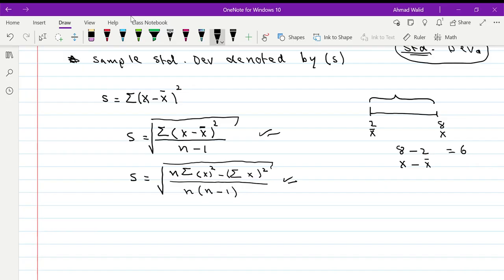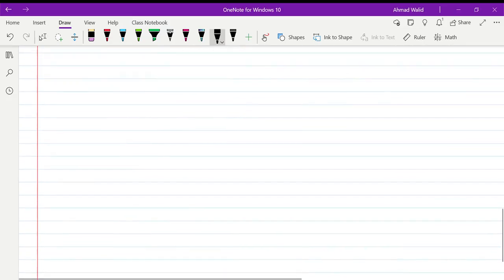Or if your data set is too small, use the first formula. If the mean is not given and you are really dealing with a big data set, then it's better to use the second formula. Correct? Still, you can find the standard deviation of a data set.